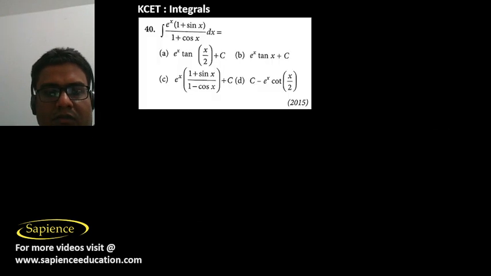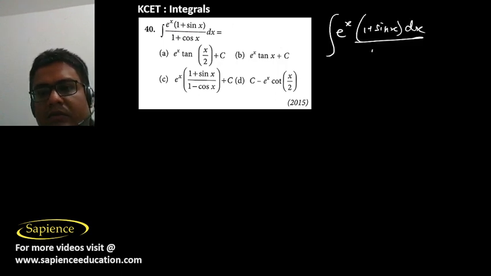Then in question number 40, we are told to find the value of the integral e power x into 1 plus sin x dx divided by 1 plus cos x.